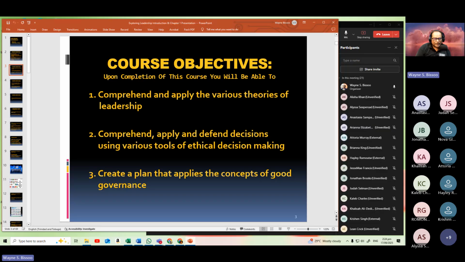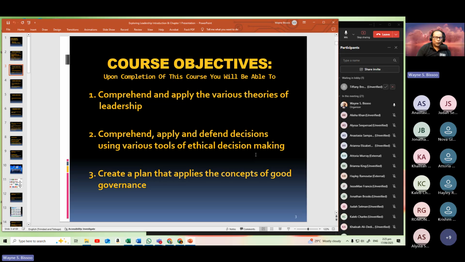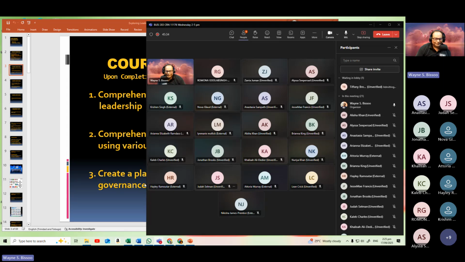So, course objectives, of course, understand various theories of leadership, understand and defend various methods of making decisions. And here we're talking about ethical decision making. Now, interestingly enough, you already make ethical decisions, but you may not know it in the context of what the theory has to say. So hopefully there's some sort of aha moments that you experience when we go through the theory, or I should say more importantly, when you go through the theory.